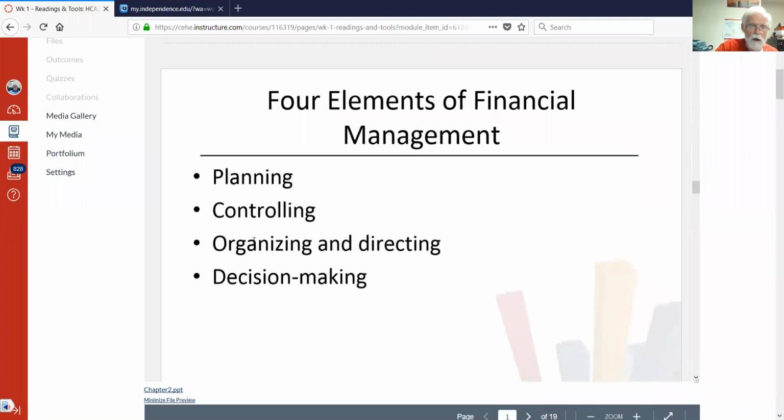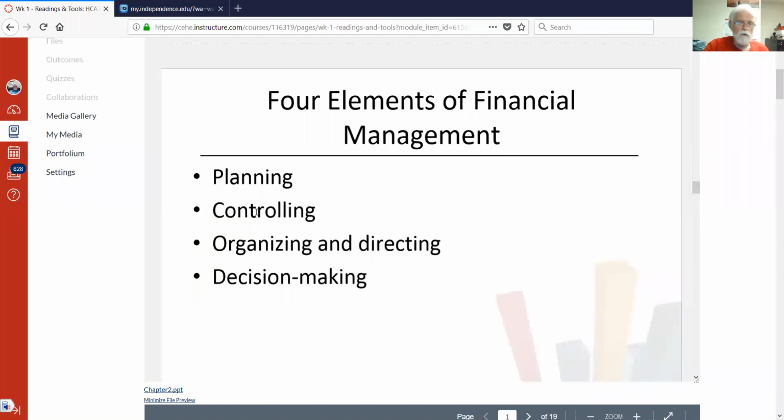Then there are the four elements of financial management: planning, controlling, organizing, and directing. Often these middle two will be grouped together, as organizing and directing can be considered a subset of controlling. So there are some texts that will talk about the three elements, but there are four.